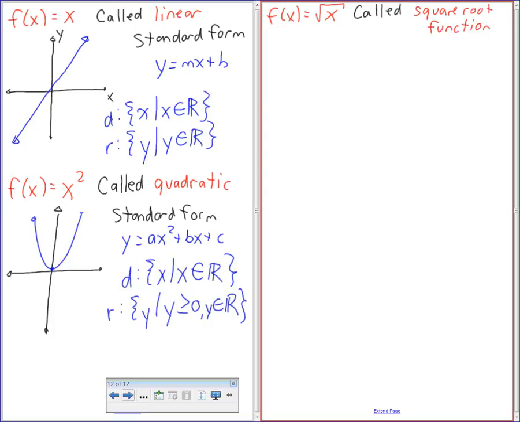Now, before I graph this, I'm going to give you a second to think about it. If you're looking at a square root, what number has to go into square roots only? Just positive numbers, okay? 0 works as well. What number comes out of a square root? Not a plus or minus square root, just a plain old square root.